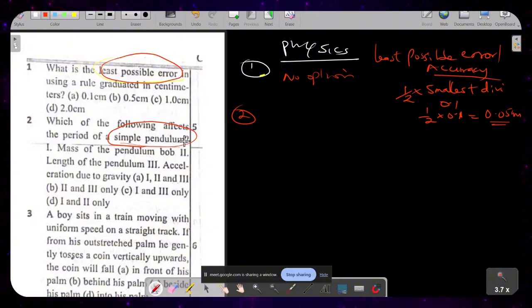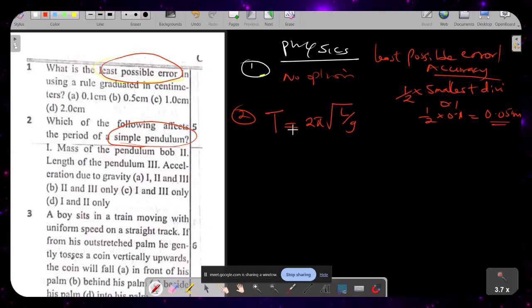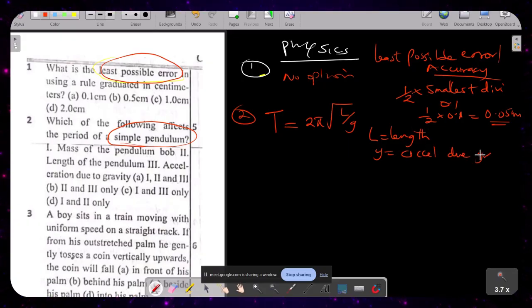This question falls under simple harmonic motion, whereby the period is equal to 2 pi square root of L over G. So you now see what this period depends on. This L is called your length. Then G is called your acceleration due to gravity.